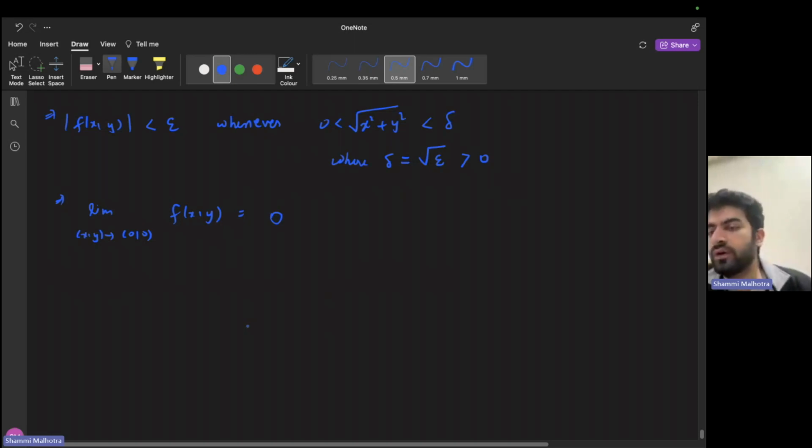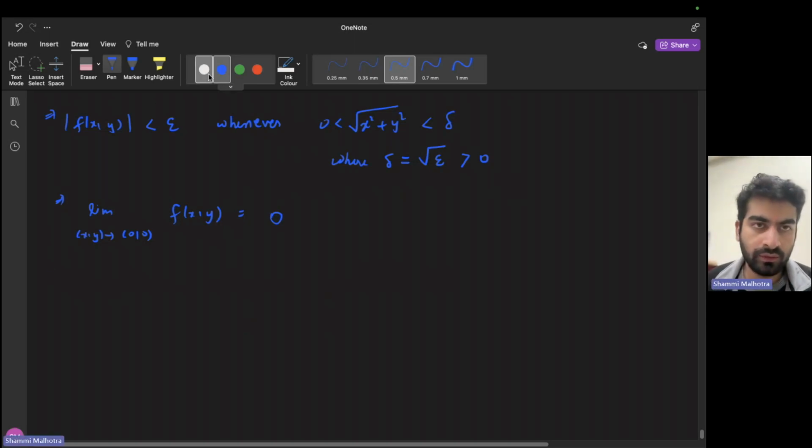And also if the function is continuous, that will again not imply that either of the partial derivatives will exist. But there was one theorem mentioned in the end, that if the partial derivatives exist and are continuous in a neighborhood, then that will imply the function is continuous. So let us try to prove that.